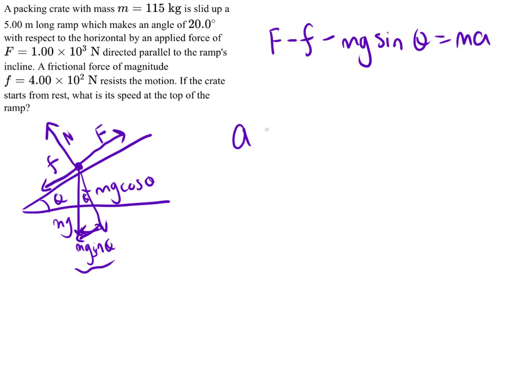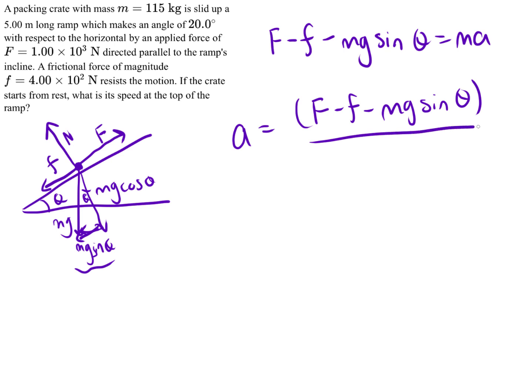So we get that the acceleration is equal to the applied force minus the frictional force minus mg sine theta, divided by the mass. And then we can just plug everything in to find the acceleration. The applied force is 1,000 newtons, since 1 times 10 cubed is 1,000 newtons.